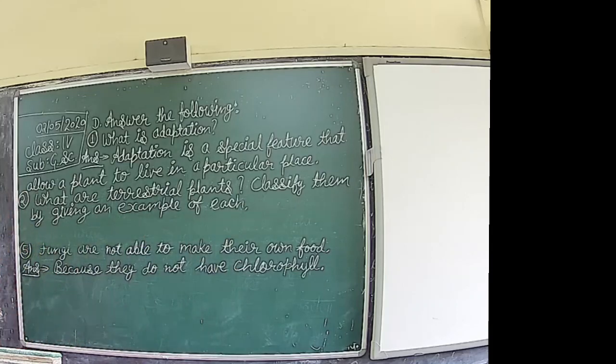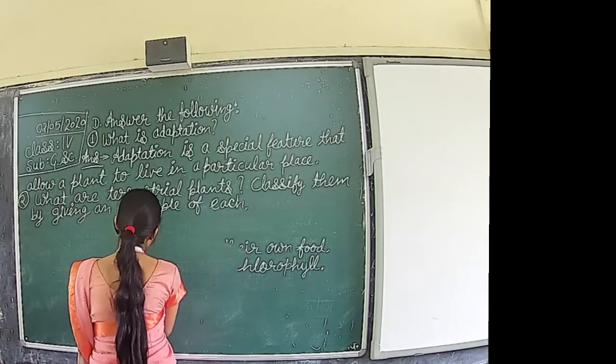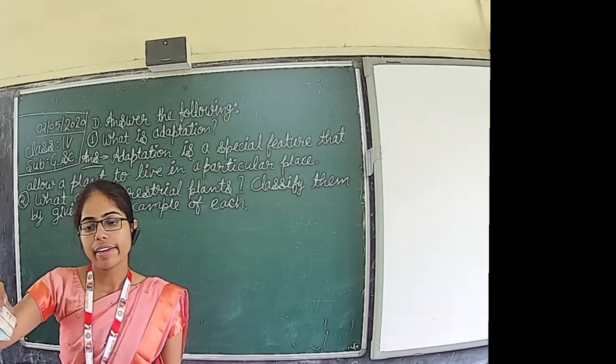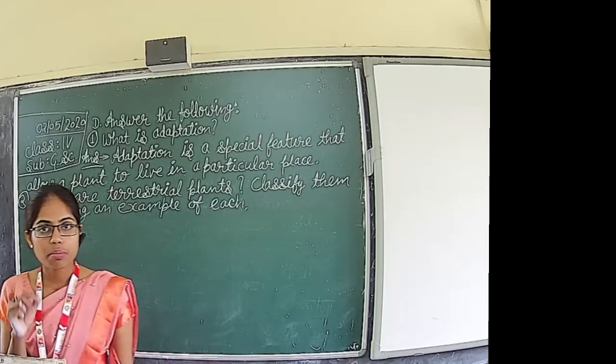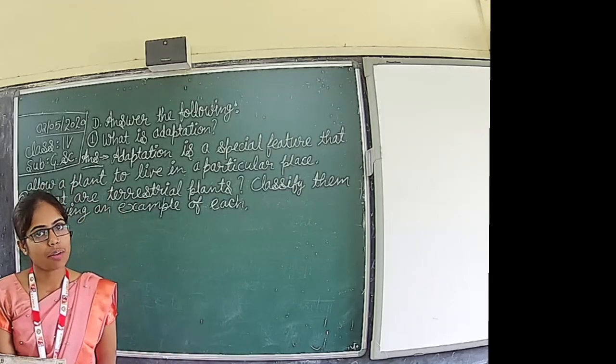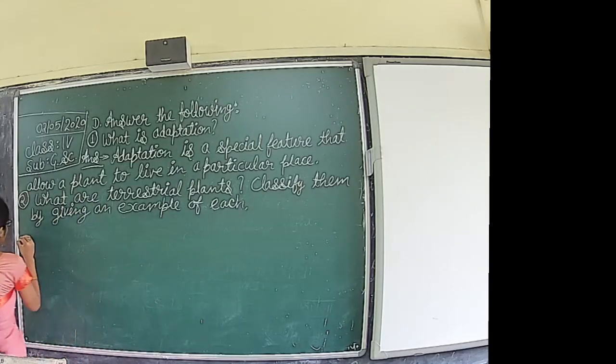We have to write the answer for this now. We have to write the definition for this, and then we have to write the name of all its categories with example. Okay? Yes. What is the definition?